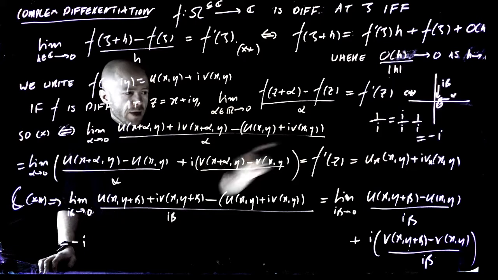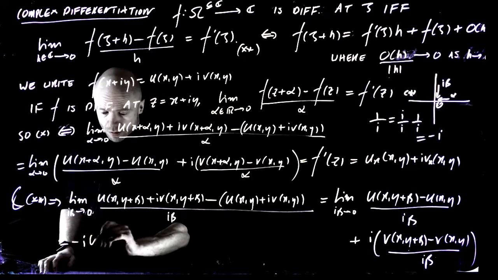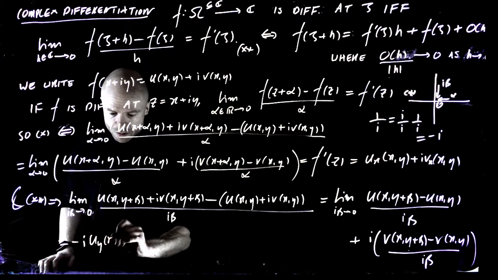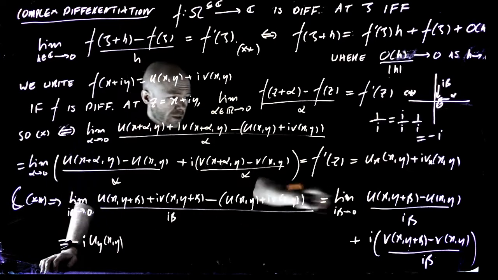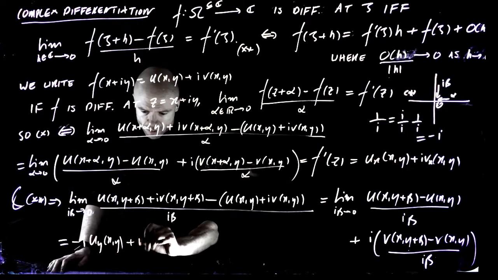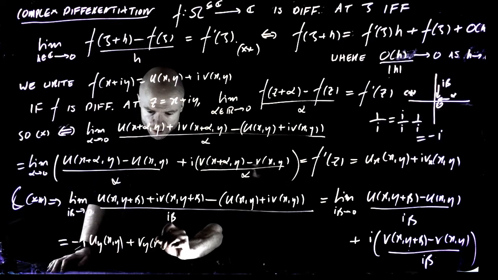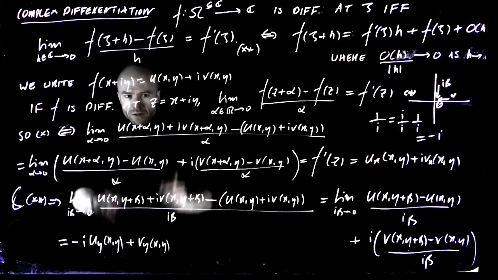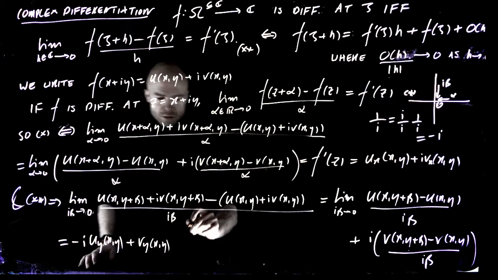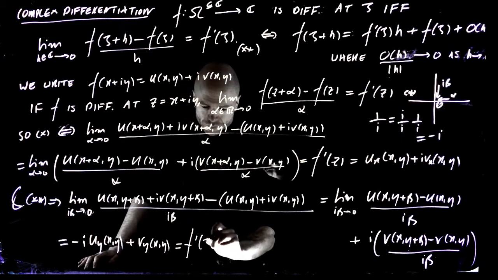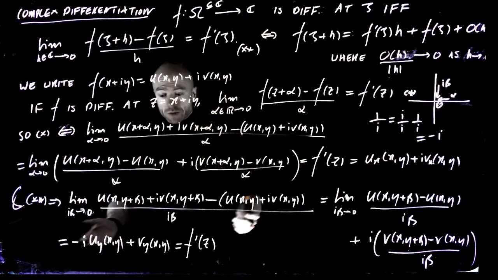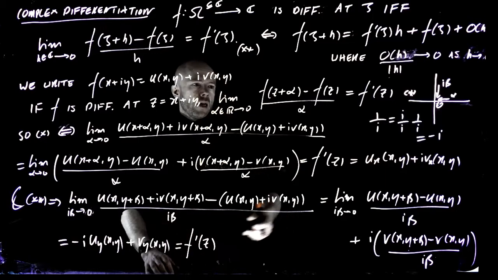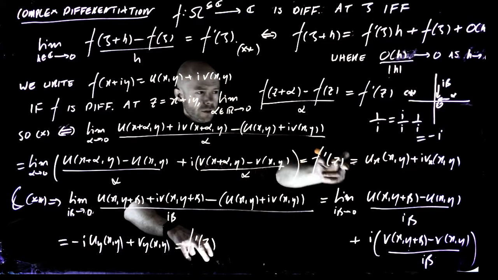So then this will be minus i, and now it's the partial of this, and this guy here is just the partial like this. And this thing is also equal to the derivative definition, so it's equal to the same complex number as this thing, yeah?